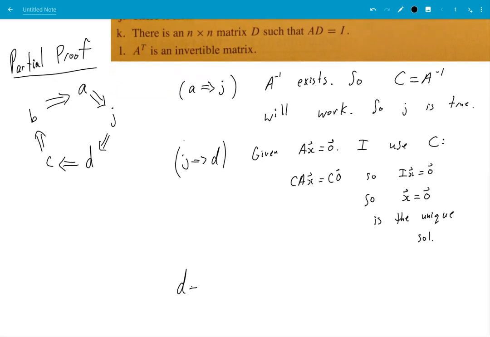So D implies C. So what is C again? Well, N pivot positions. Okay, I assume D is true. So I assume that this guy here has only the trivial solution.